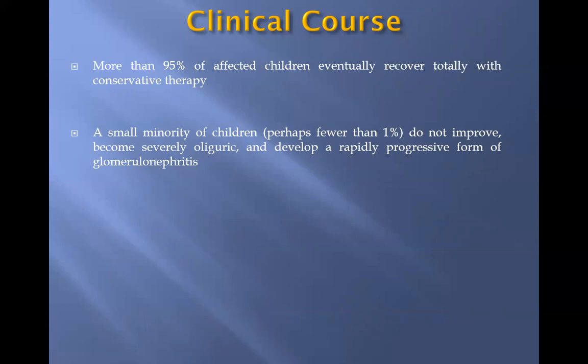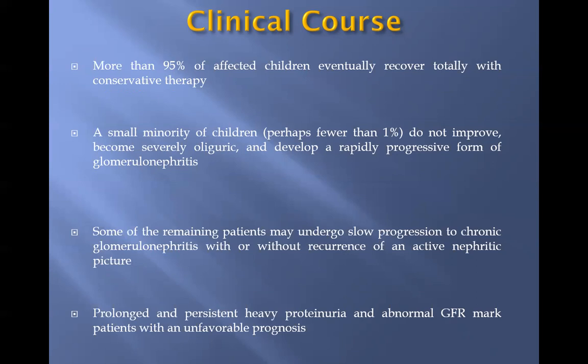A small minority of the children, less than 1%, progress and develop rapidly progressive glomerulonephritis, which we will be discussing now. Some of the remaining patients may undergo slow progression to chronic glomerulonephritis. Remember, each and every kidney disease ultimately, if it is not treated properly, ends up in chronic glomerulonephritis.